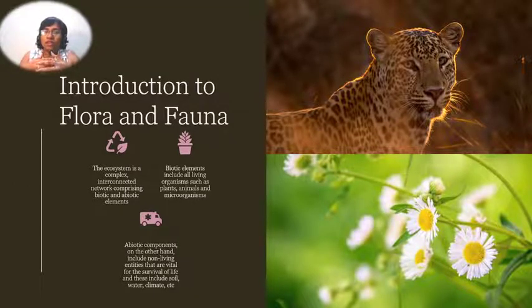Biotic elements include all those living organisms such as plants, animals, microorganisms, while the abiotic component includes the non-living entities. The non-living entities that are vital for the survival of life.